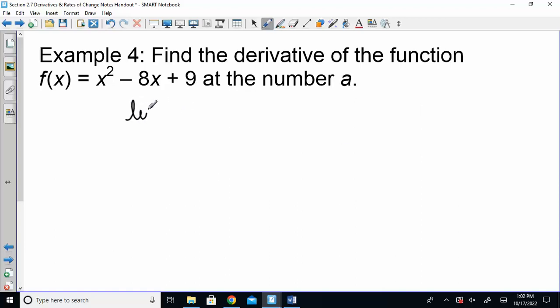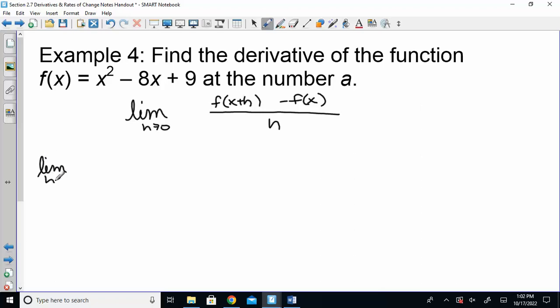All right, so we are going to use this notation: limit as h approaches 0, f of x plus h minus f of x, all over h. So, f of x plus h, what does that mean?